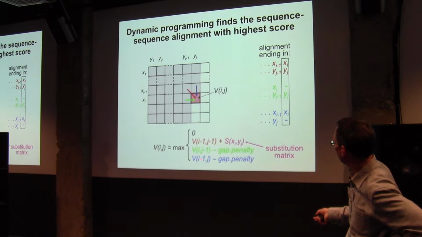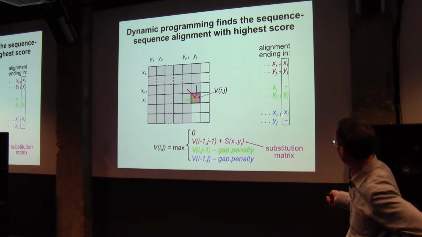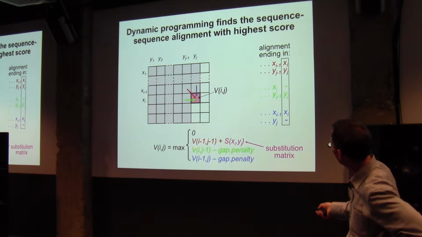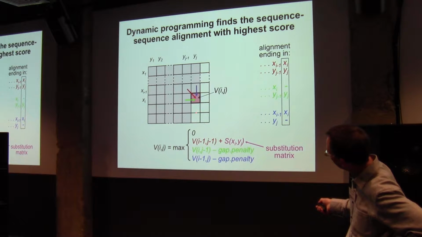And so that is this possibility. So V i-1, j is the best score that you had until here, and now you have to subtract a gap penalty because you align xi to nothing. The same holds the other way around for the green arrow, and then you have 4 possibilities. You take the maximum, and that tells you how to fill this.